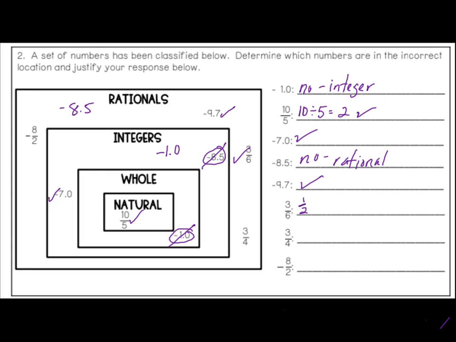And sure enough, they've got it in the right box. 3/4 is a fraction that cannot be simplified into a whole number or an integer, so that means it has to be rational, and there it is. -8/2 is really saying 8 divided by 2, but it's going to keep its negative sign, which would make it -4. So that means it would have to be an integer. But look, it has it in the rational box. That's incorrect. -8/2 should be an integer.